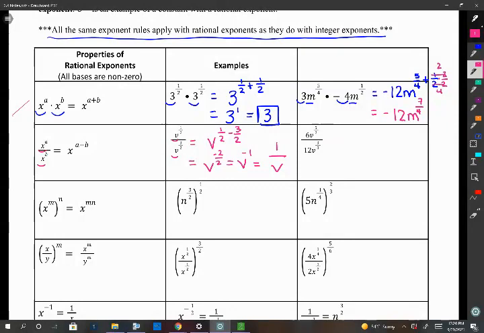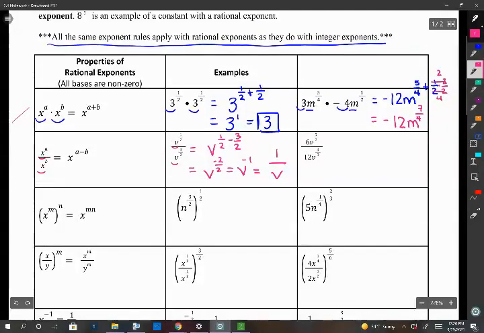When I look at my second example, I've got regular numbers here, and then you have your v's. Okay, regular numbers, 6 divided by 12. Notice that the 6 is on top. So when I reduce that 6/12, I get 1/2. So my number part is 1/2. And again, that's because I'm just taking the number part and simplifying.